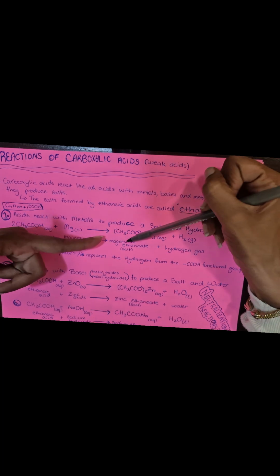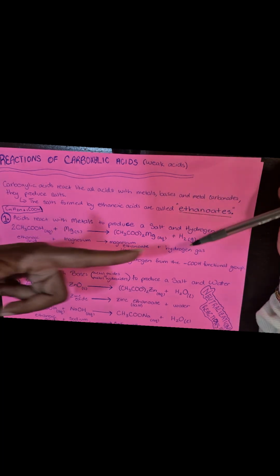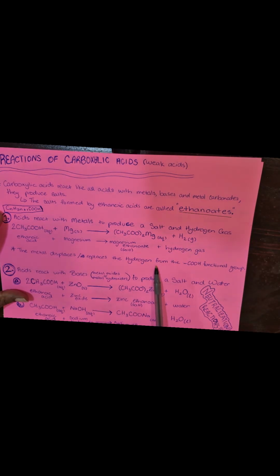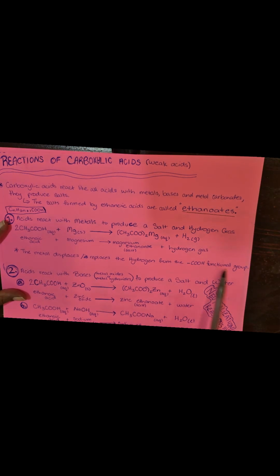So when acids react with metals, you get a salt and hydrogen gas. So when ethanoic acid reacts with a metal like magnesium, you would get magnesium ethanoate, that's your salt, and hydrogen gas. The metal displaces or replaces the hydrogen from the functional group.